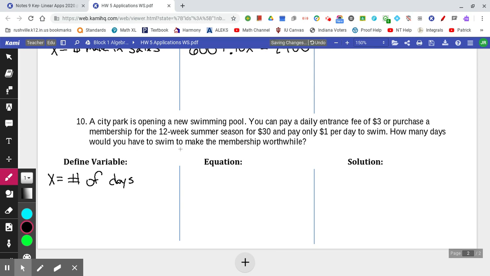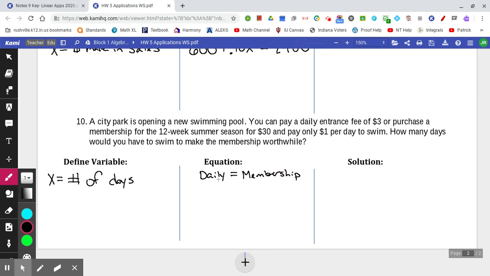All right, so this isn't going to just be equal to some amount. What we're trying to figure out is when the two values are going to be equal. So when the daily admission is going to be equal to the membership.